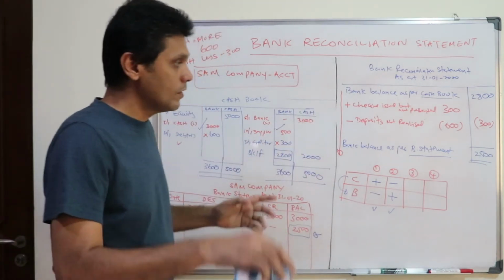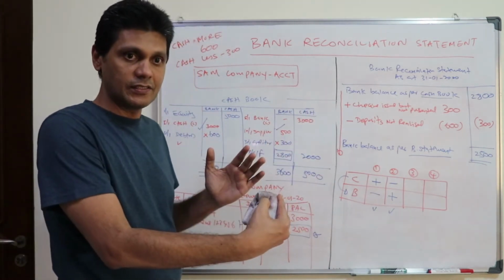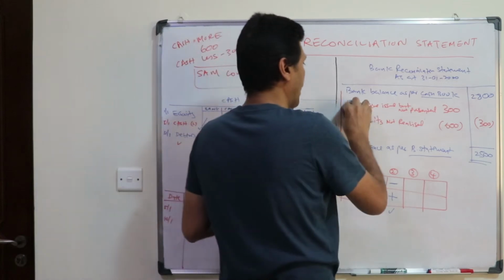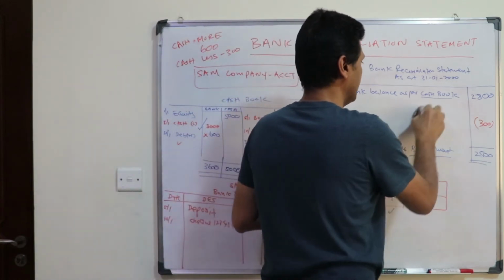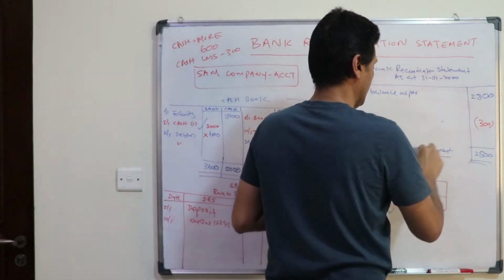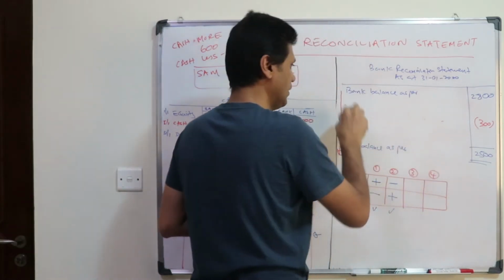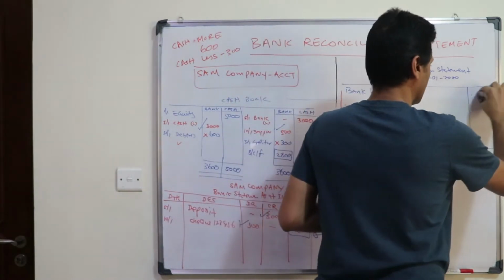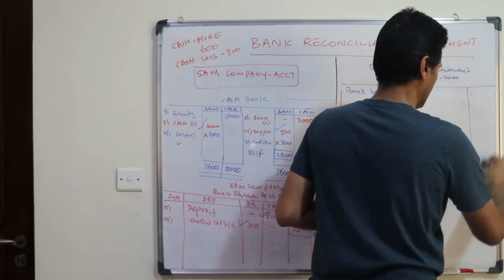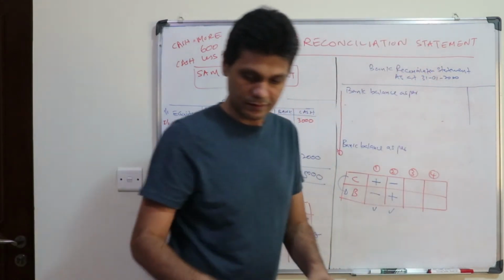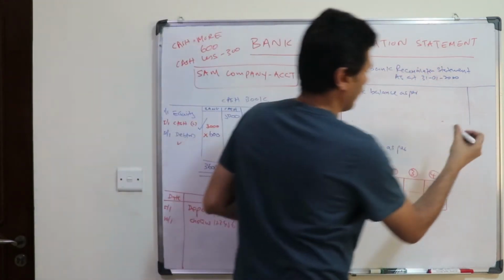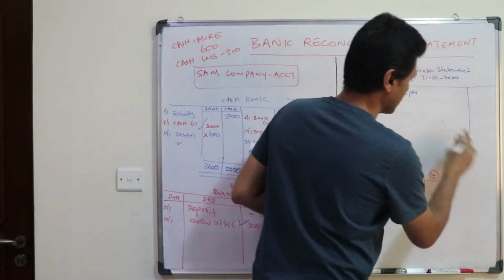Now we'll just change this. We'll take balance as per bank statement and we have to arrive at balance as per cash book. You understand? Sometimes the examiner might ask.